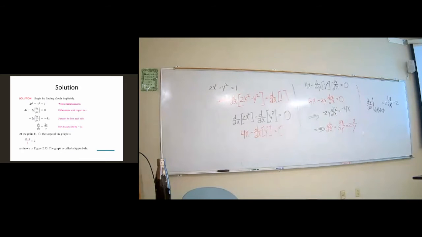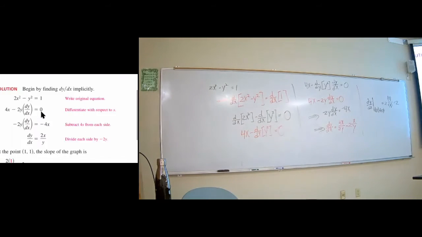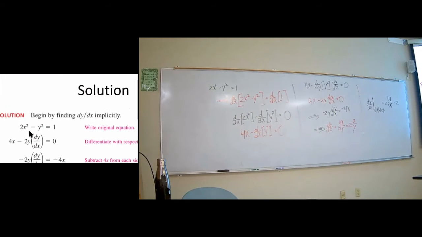But looking at our problem and their solution, starting off with 2x squared minus y squared is equal to 1. Take the derivative of both sides. Well, this 1, it's going to have a derivative of 0. 2x squared differentiated with respect to x, well, that's straightforward. That's 4x minus, this is where we're going to have to take the implicit derivative. We're going to have the chain rule and that implicit derivative, right?